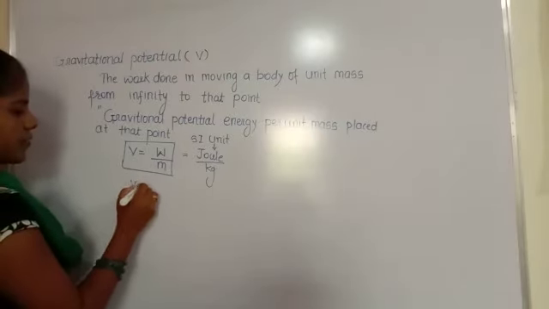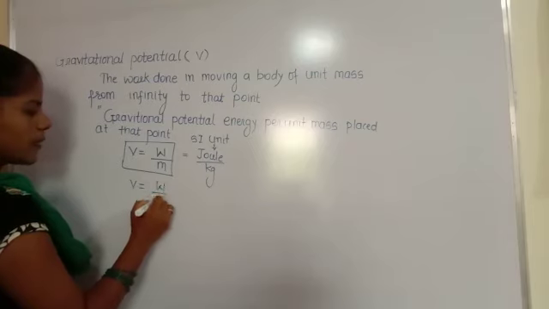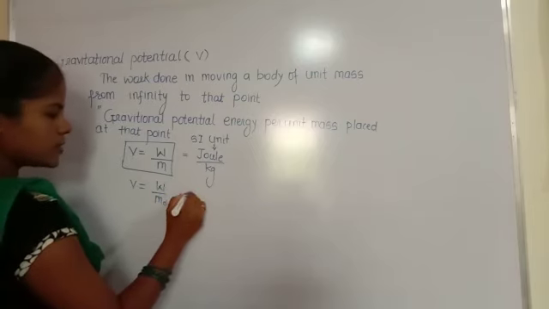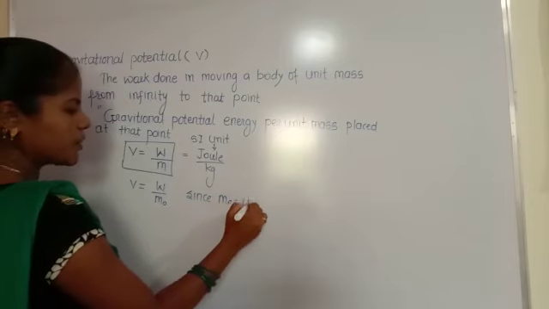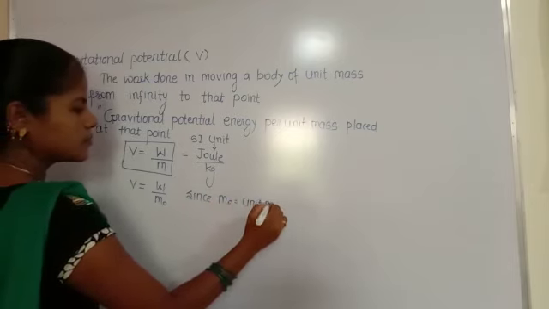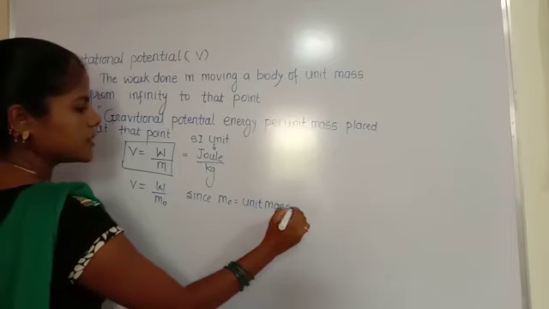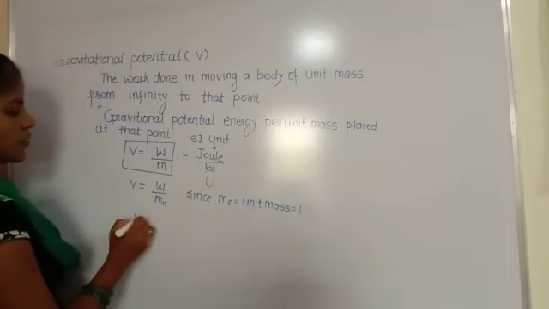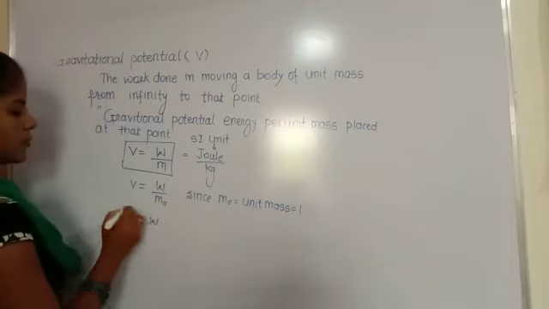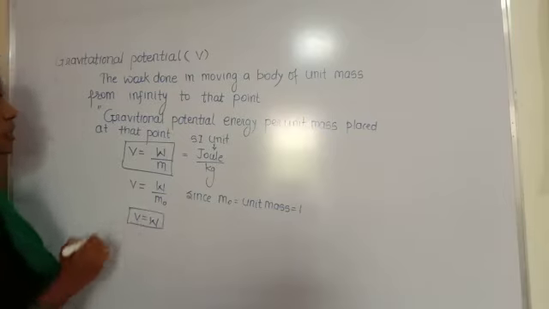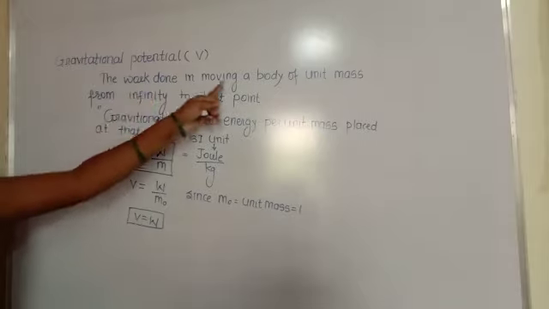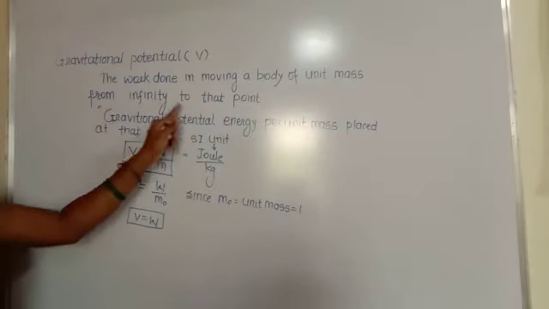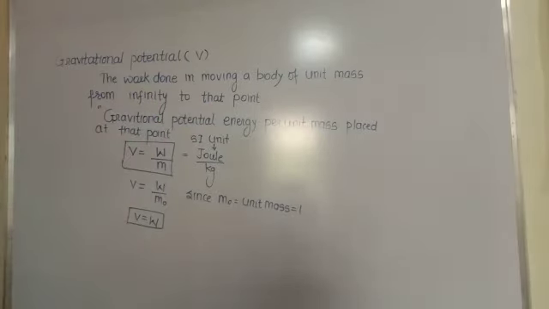We can write V is equal to W by m0, since m0 is equal to unit mass, means 1. So therefore V is equal to W. Means the gravitational potential is nothing but the work done in moving a body of unit mass from infinity to that point. Simply we can write V is equal to W.